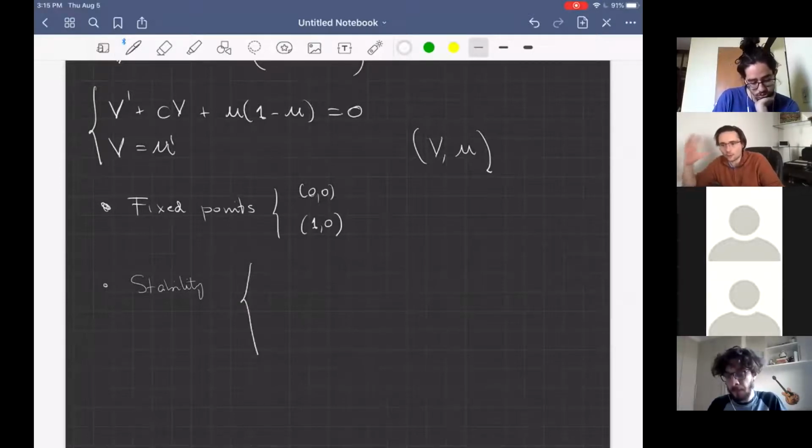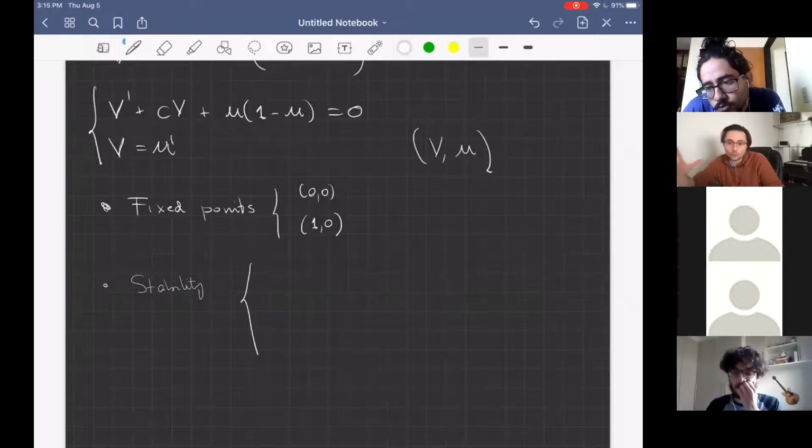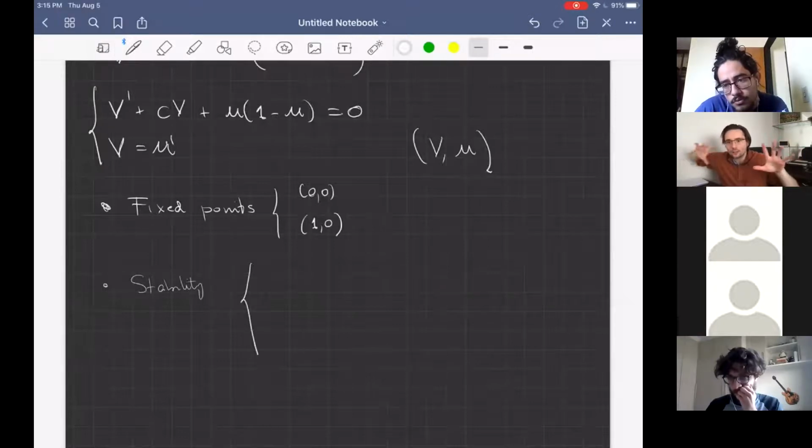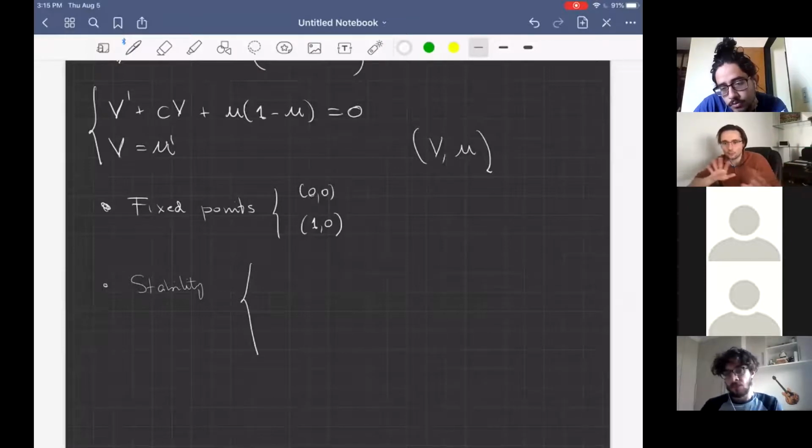We can calculate the Jacobian of the system, we can evaluate it in each of the fixed points, we can calculate the eigenvalues of the matrix, and we can do all the steps that we introduced yesterday in a very systematic way. If you want to play with this, you can also sketch the vector flow around each of the fixed points, and you can try to get an intuition. You can calculate the null lines, and you can do both the graphical analysis or the analytical thing. Both should agree.